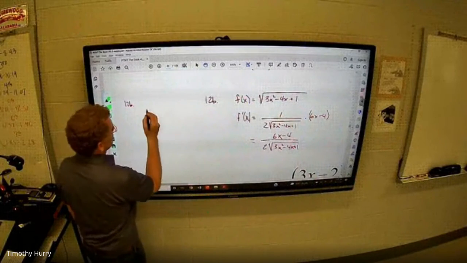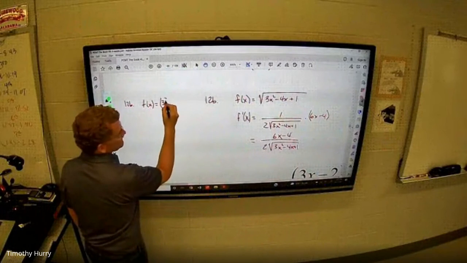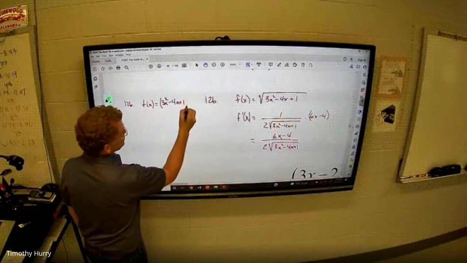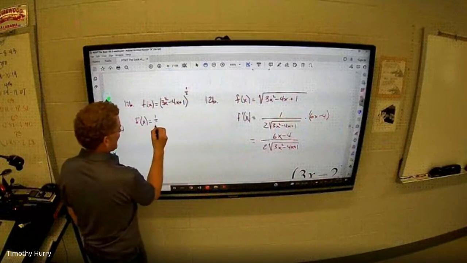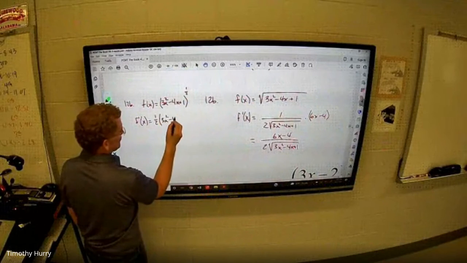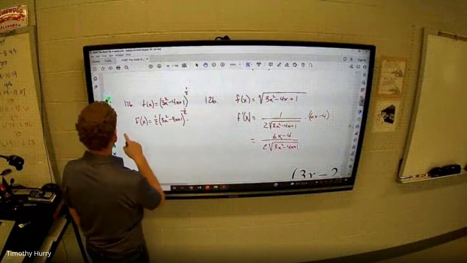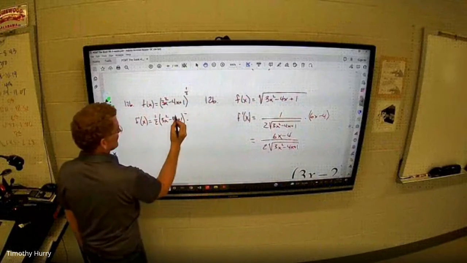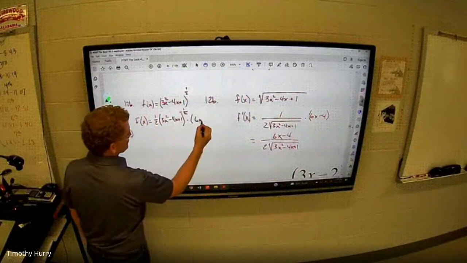They'll say, oh, that function, I could rewrite it as a 1/2 power. Here's what you would do if you rewrote it like that, and just look at your answer. 1/2 times 3x squared minus 4x plus 1 to the negative 1/2 times 6x minus 4.